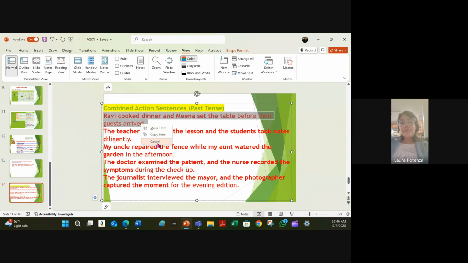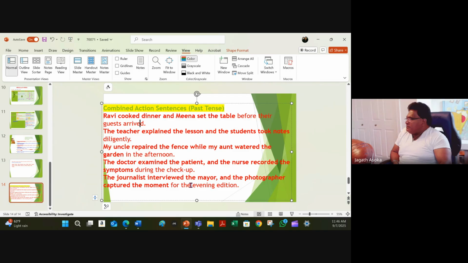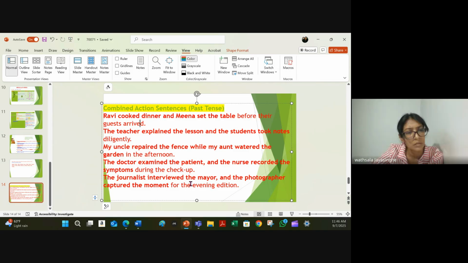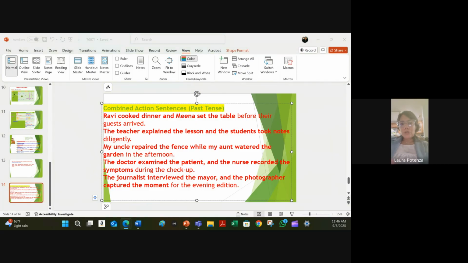But right now, the doctor examined the patient, comma, and the nurse recorded the symptoms during the checkup. To me, the comma looks normal there. And I feel like, is it because it's a separate thought?